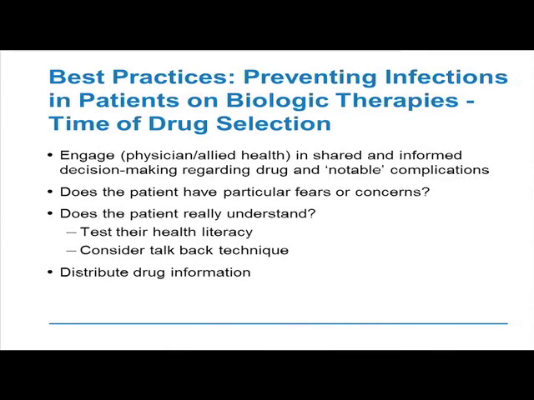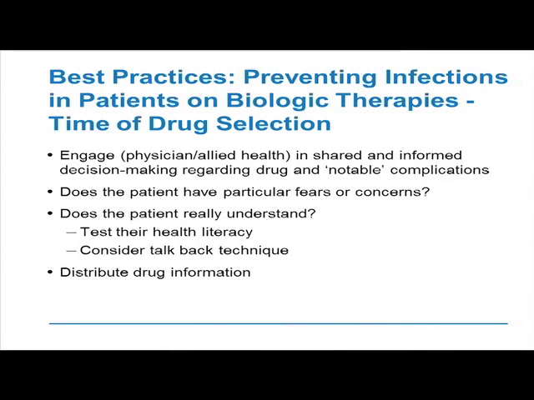There are many materials by the companies and other sites that help explain this. I really think that this is an area where we need to test the health literacy of our patients. You know, a lot of this is using big words and a complicated matrix of decision-making. I like to use the talk-back technique after I've explained the difference between TNF inhibitors and newer drugs in the pipeline.